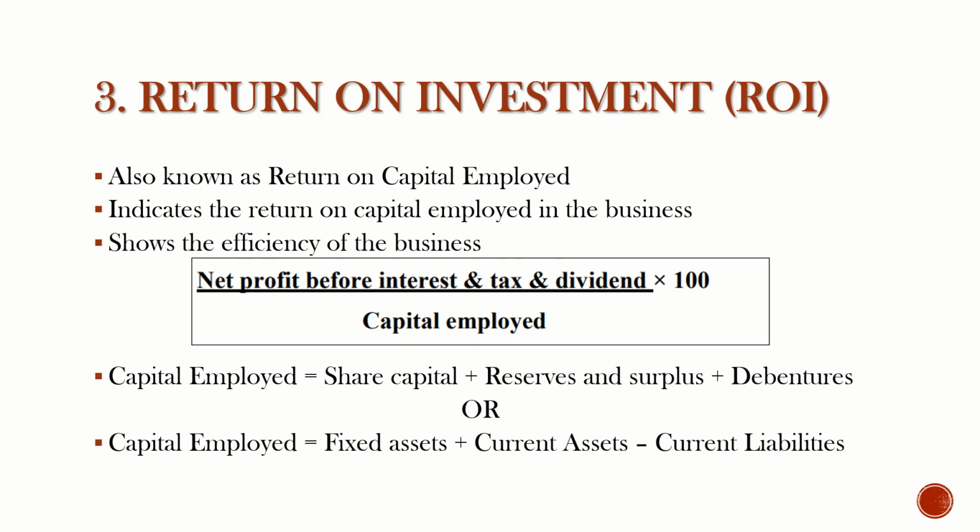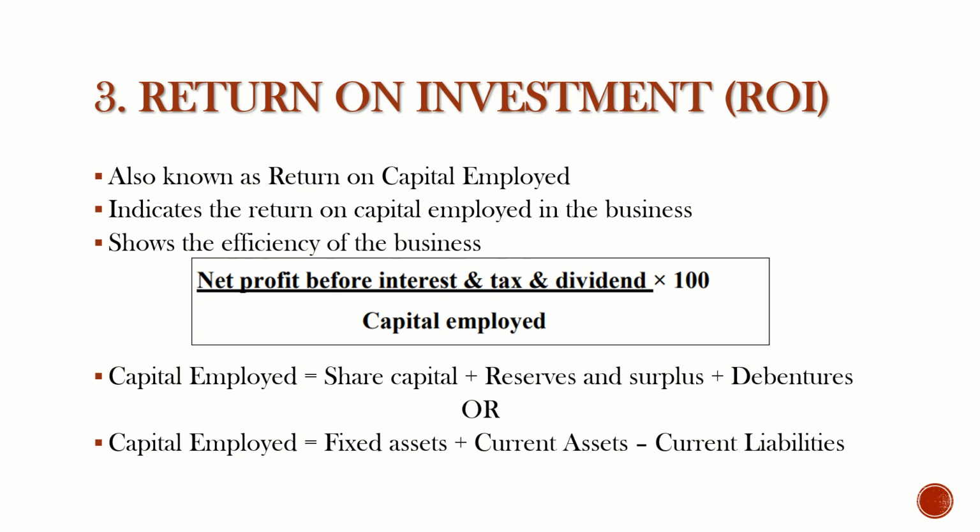We know that each and every investor invests a particular amount or a particular capital in a particular business or firm with an expectation to get the return back on that particular investment. So this ratio shows whether the investors get a return on the investment.